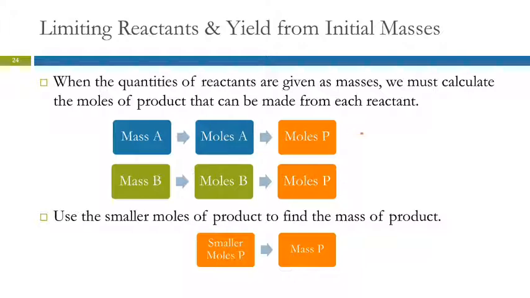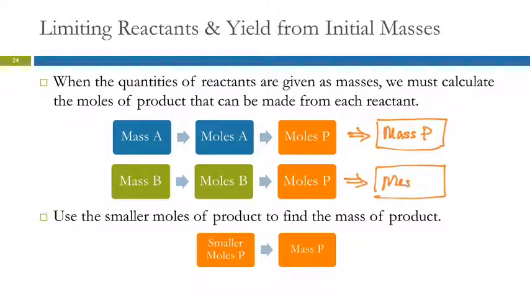So just go ahead and go to grams of product, mass of product. And here, just continue on and find mass of product. And then just choose the smaller one and be done.